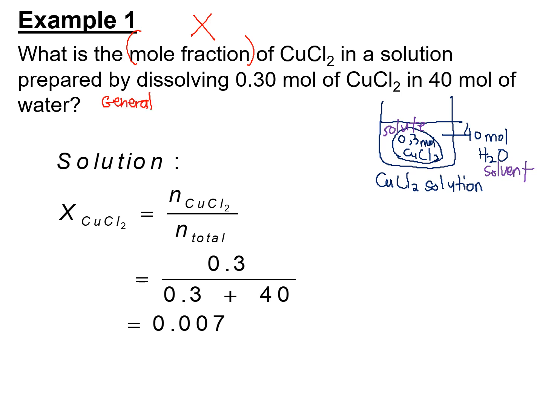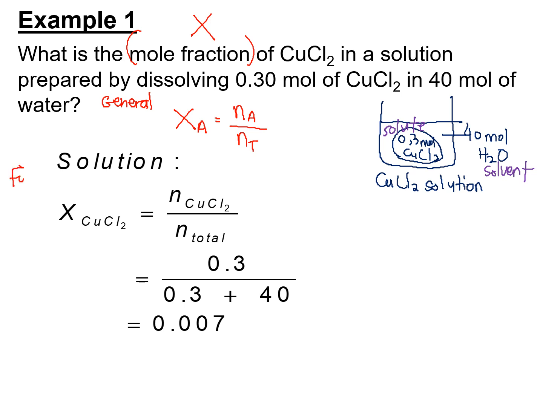Contohnya kita nak tahu mole fraction of A. Jadinya XA is equals to number of mole of A bagikan dengan total number of mole di dalam solution. Tapi dalam soalan ni dia nak suruh kamu cari mole fraction of CuCl2. Maka tukarlah A ni, change the A with CuCl2. Therefore, wujudlah this equation untuk mencari mole fraction of CuCl2.